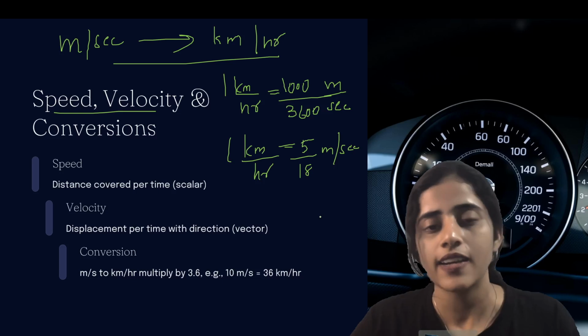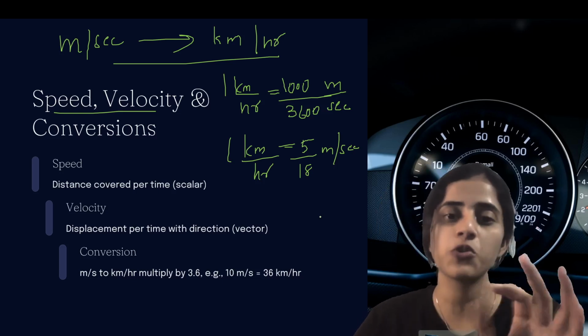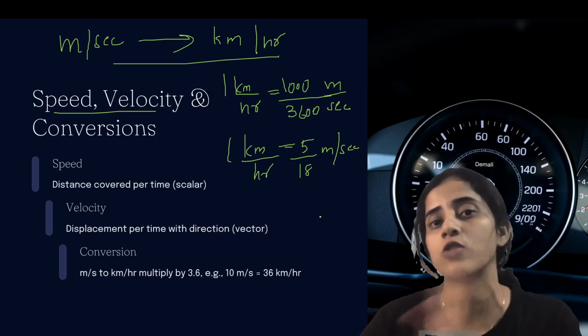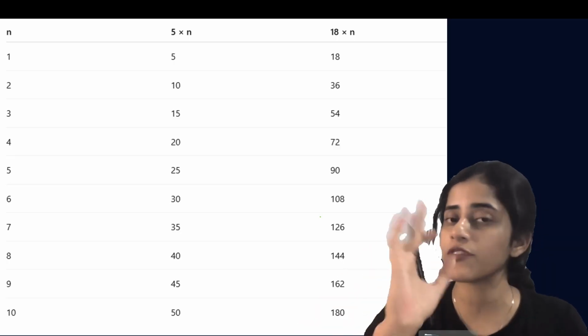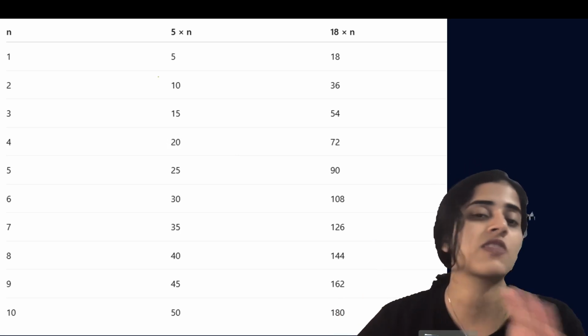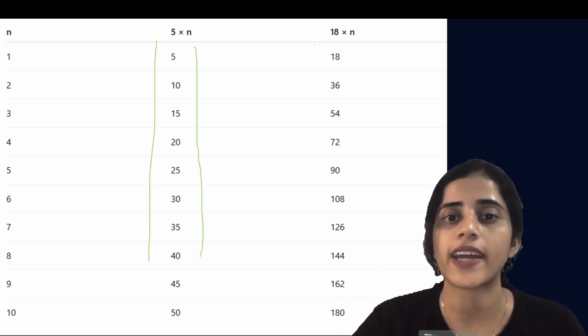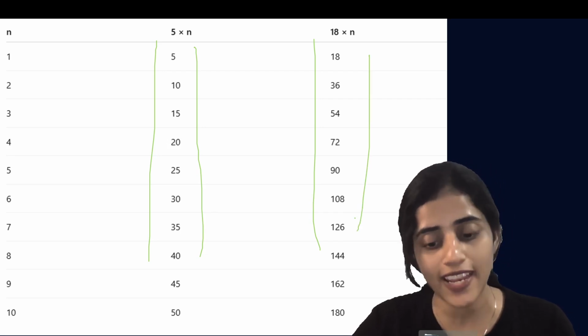Okay. Now, one trick for you to know this is, I already told you that you should learn the multiplication table of 1 to 20 or 25. Now, if you have done that homework well, then this is very easy. So what I have here is the multiplication table of 5, and what I have here is a multiplication table of 18.